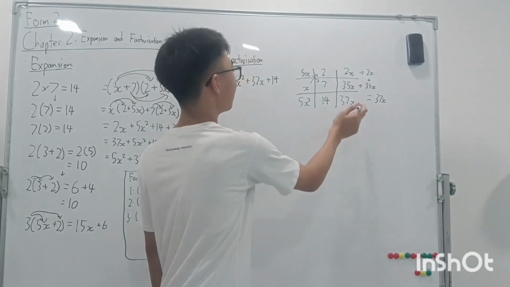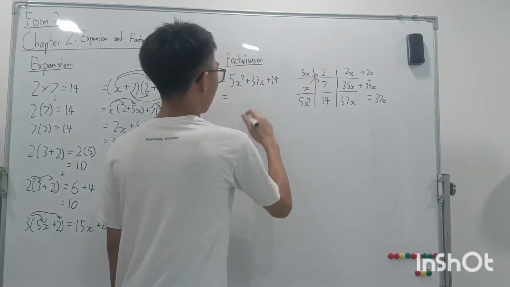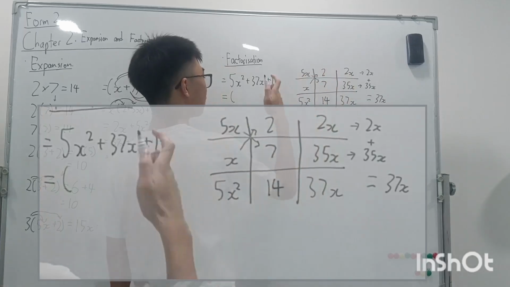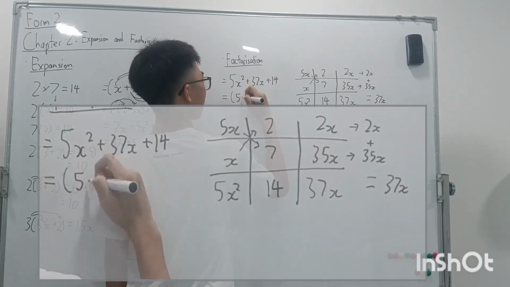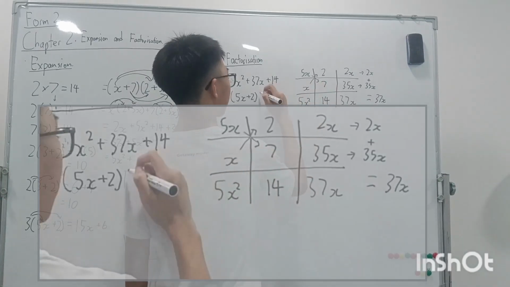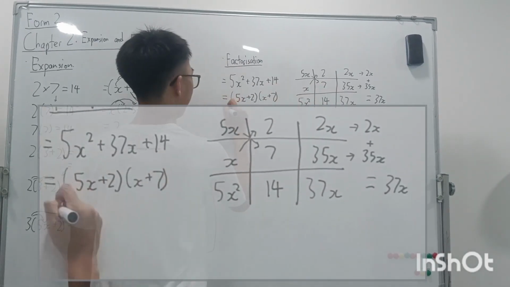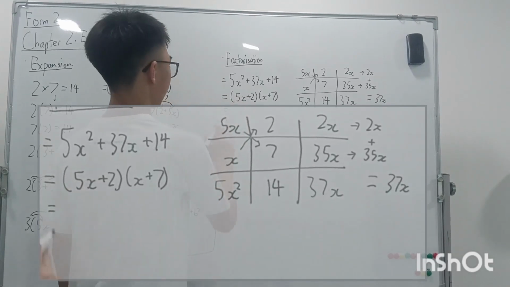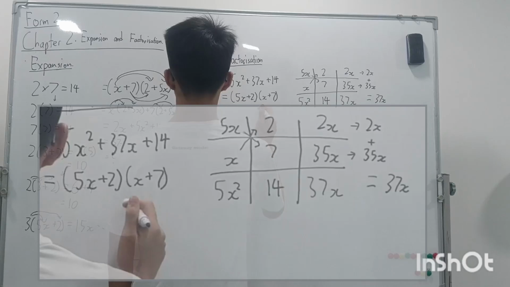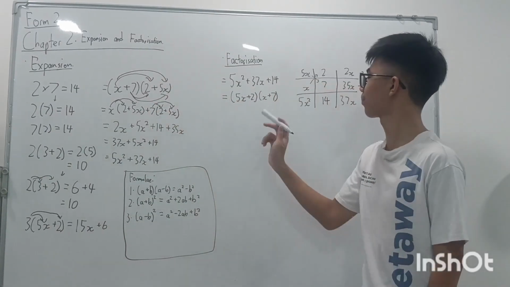So now that we know these numbers are correct, what do we do with them? We place them like we place the first column of numbers right here in the first bracket, so 5x plus 2, and this in the second bracket, x plus 7. Okay, so let's check if our answer is the same as this, and it actually is.